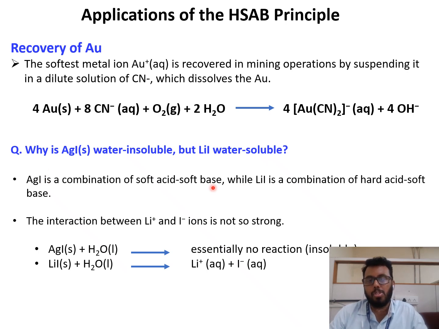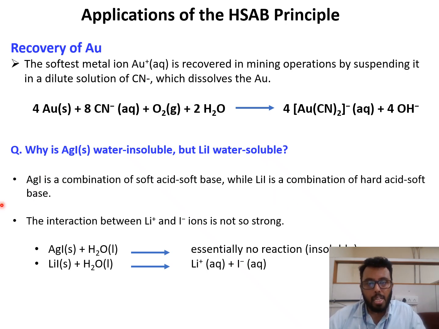We have also seen, I told you that along the halogen series, iodide is present at the bottom. So larger size, easier to polarize, and the electronegativity will be intermediate. Right, you just remember that one. So soft acid, soft base.